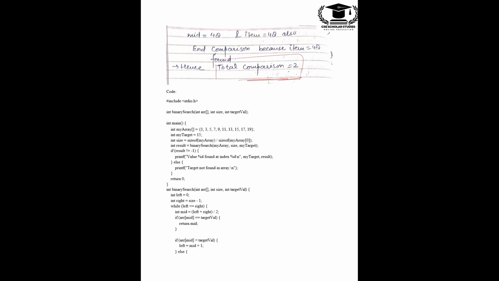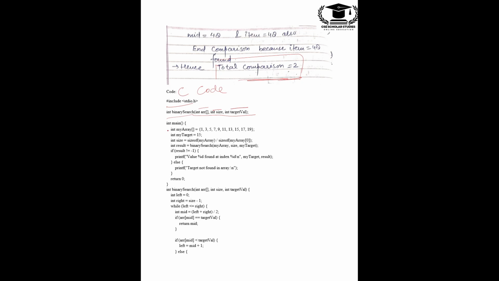So this is the example of binary search, and now we see the code for binary search in C. First we include the libraries, and we define a binary search function. Here is an array, the total number of elements in the array, and the target value.